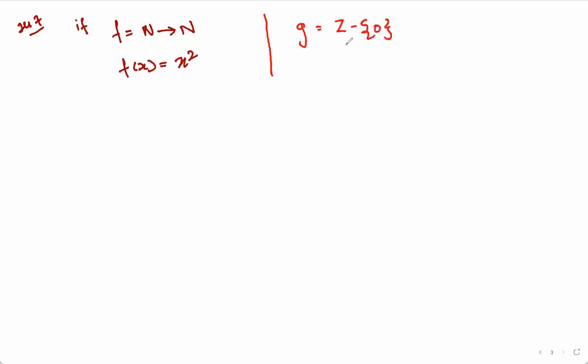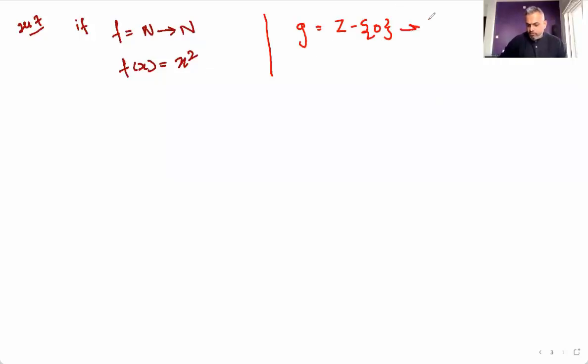Z is set of all negative and positive integers. So Z minus 0 to N, and g of x is equal to x square.